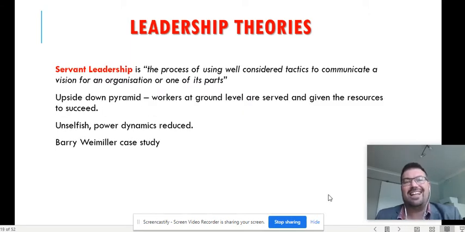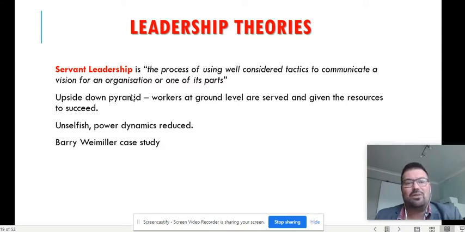Then we have something that is slightly different. It's called servant leadership. Oh, okay. That's the wrong theory. So anyway, we'll work with it. Ultimately, the leader is visible at every single level of the business. In order for the organization to do well, its bottom level needs to be supported, looked after, and we need to create a good environment for the bottom level.